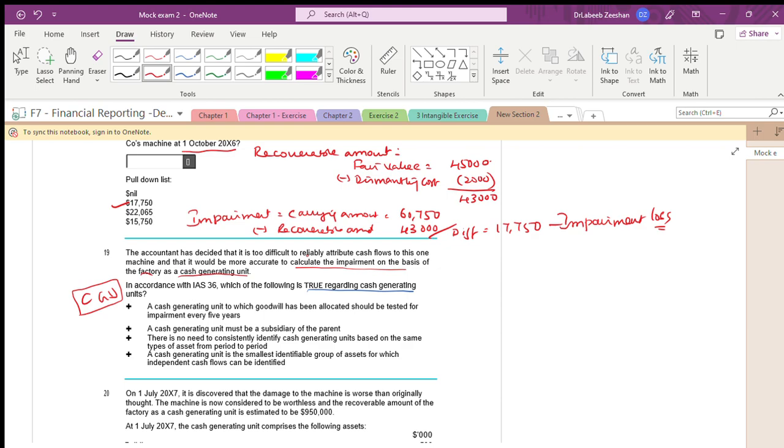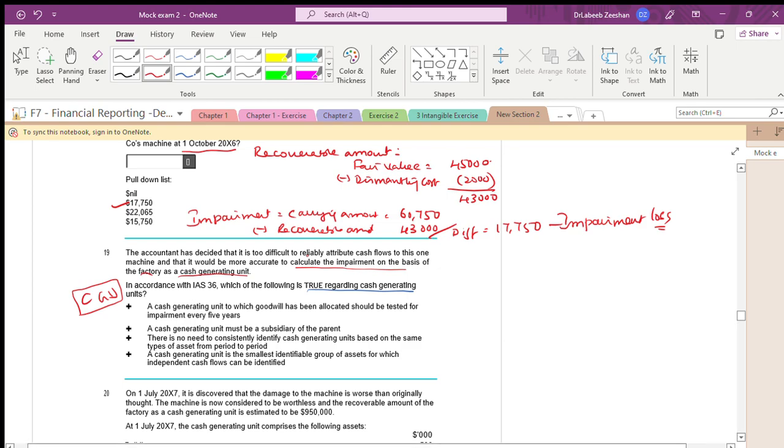Now you tell me. A cash generating unit to which goodwill has been allocated should be tested for impairment every 5 years. A cash generating unit must be a subsidiary of the parent. There is no need to consistently identify cash generating units based on the same types of assets from period to period.